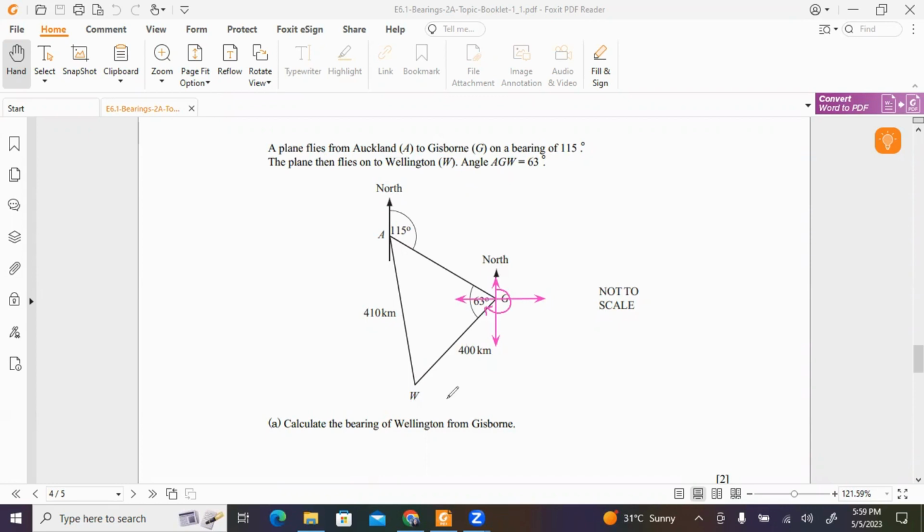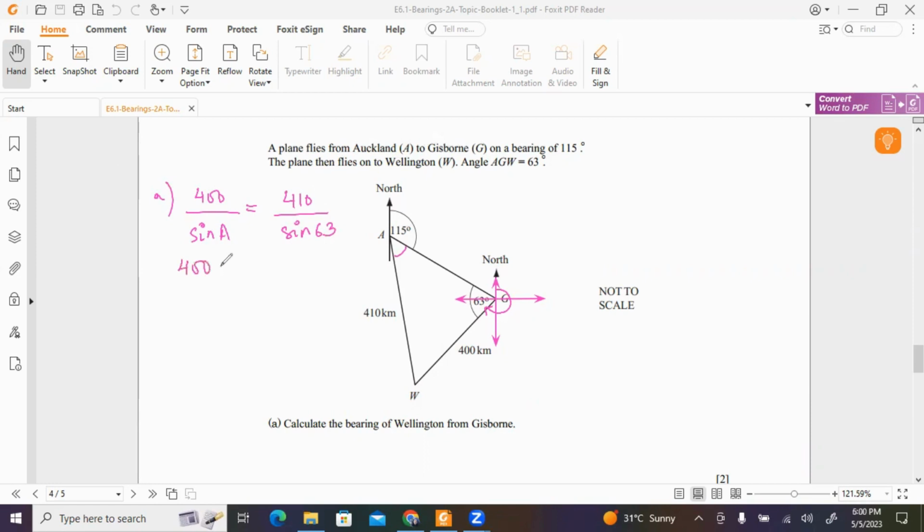We know that we have this angle, we have these two lengths, we have the bearing over here of 115. We can find this angle using the sine rule, which would be 400 over sine A equals 410 over sine 63.